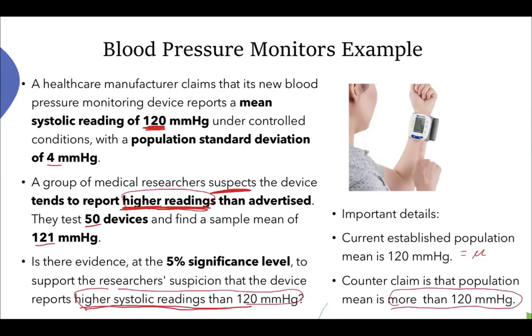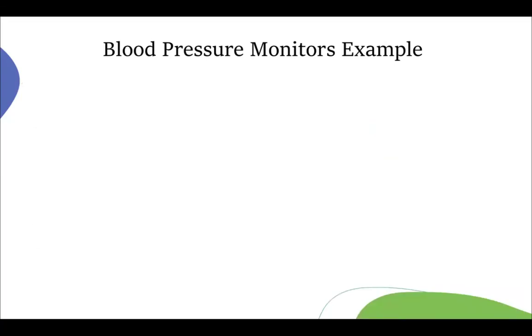That helps us with the direction. So when we build our null and alternative hypotheses, we are going to make use of the direction. More specifically, when we write our alternative hypothesis, we are going to make use of the direction.